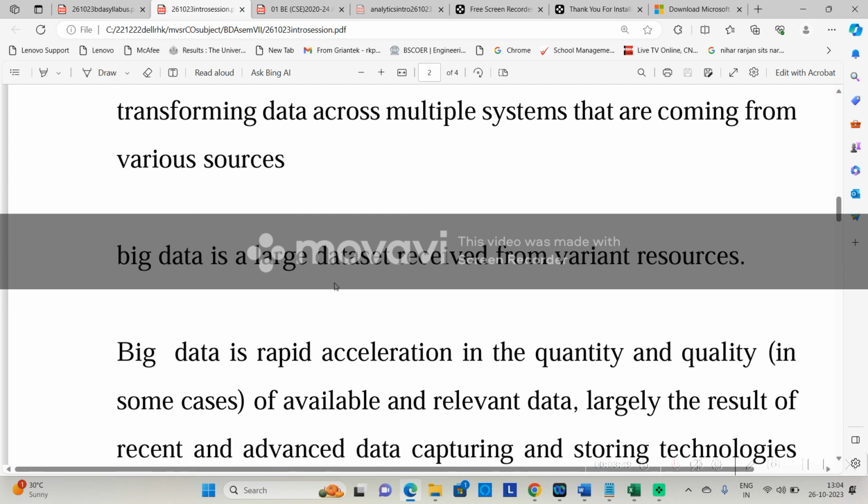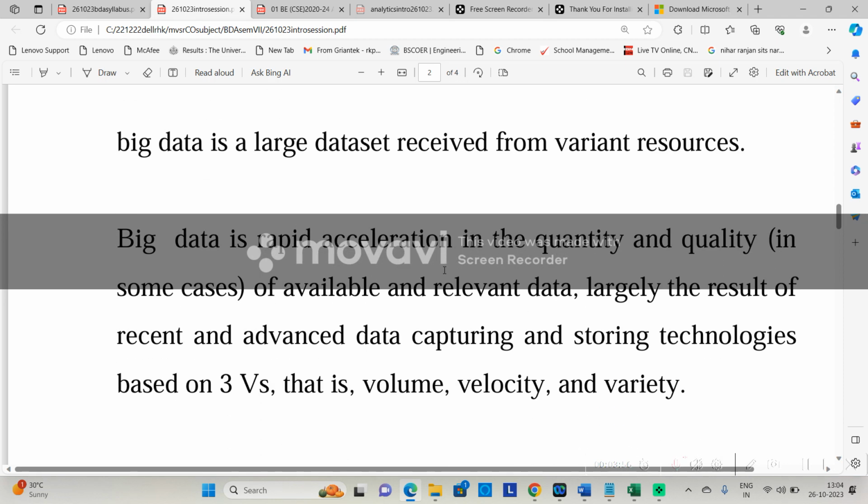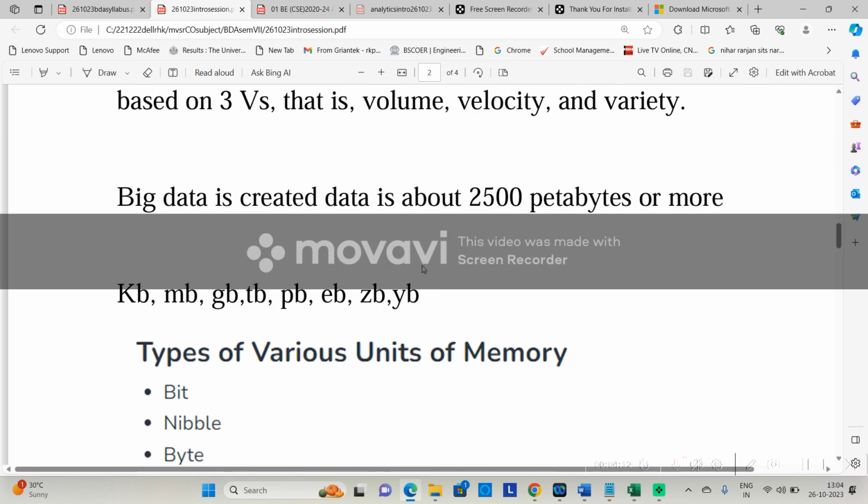So when we say big data, it is a collection of a huge data set. The data is received from multiple varied sources. Big data is rapid acceleration in quantity and quality of available and relevant data. It uses advanced capturing and storing technologies based on 3 V's, that is volume, velocity and veracity.